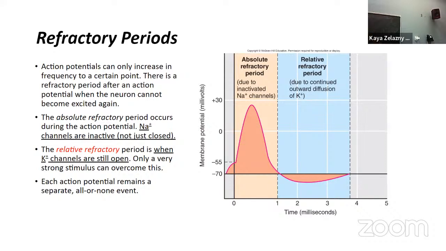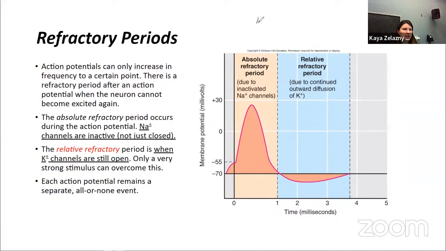So the absolute refractory period is going to happen when our sodium channels literally can't open because their inactivation gate is closed. Our sodium channels had an activation gate here in the center that opened as we were sending off our first wave of depolarization.